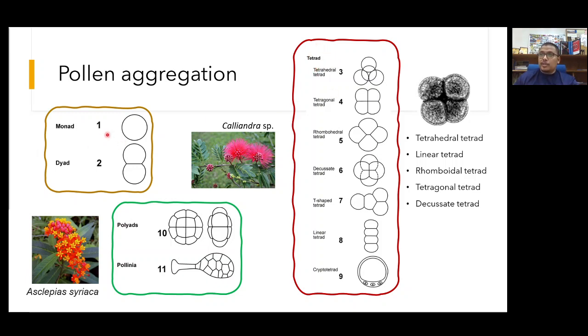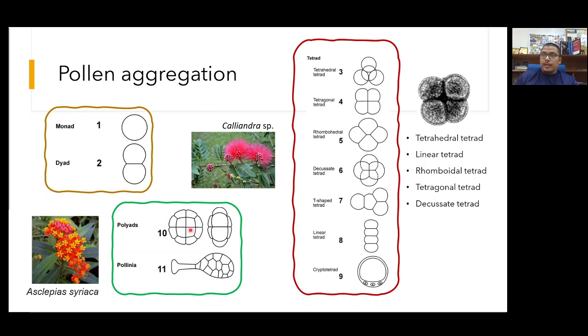So these are the formations: monad, dyad, and tetrad. In some genera, such as Calliandra here, the pollen grains are connate in a group of more than four. Such pollen grains we call polyads. The polyad generally consists of 8 pollen grains.